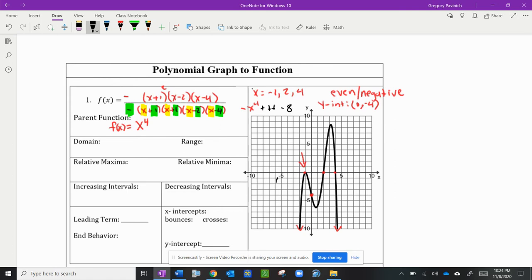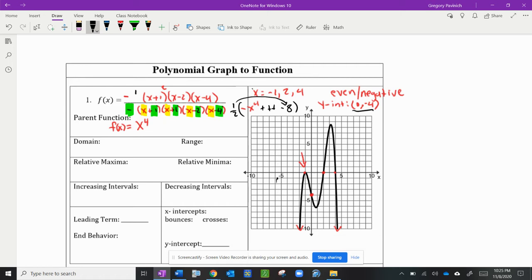However, my y-intercept is -4. So now I need some kind of a multiplier out in front that would make that a -4. And I know that's got to be a half, because if I multiply this whole thing by a half, now my -8 becomes a -4.